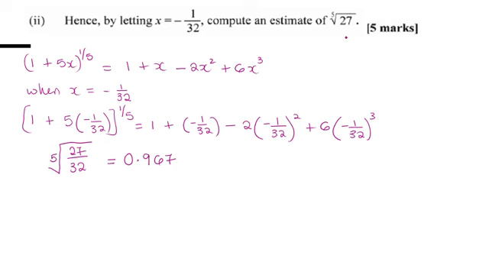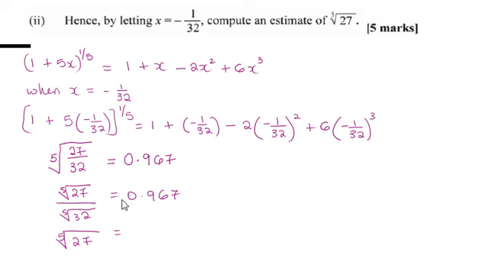which means we have some more work to do because what we have on the left is the fifth root of 27 over 32. So let's split this up. This is actually the fifth root of 27 divided by the fifth root of 32, which means we just need to make the fifth root of 27 the subject by taking the fifth root of 32 and multiplying it on this side.